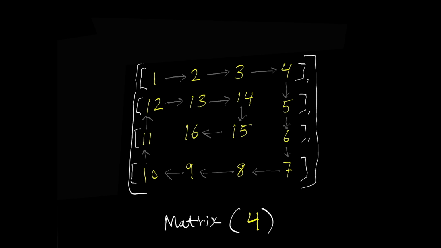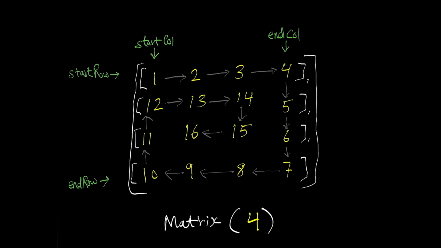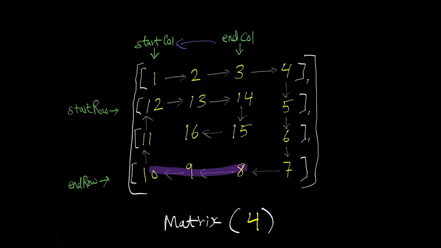Okay, so as you can see, we need to define a few variables like start row, end row, start column, end column, and we would need a counter variable. And also we would need to take care of the four sides. The top row, we would need one loop for the top row, another loop for the right column, another loop for the bottom row, and another loop for the left column.